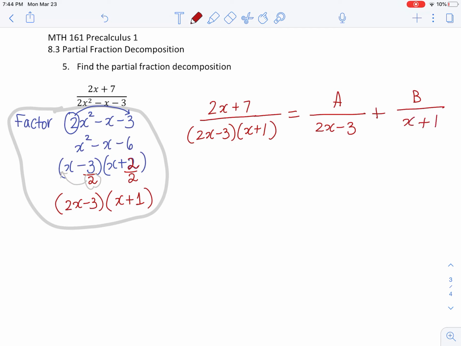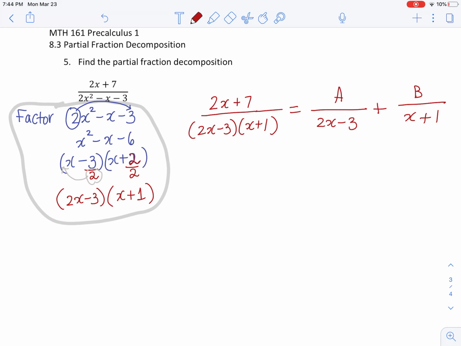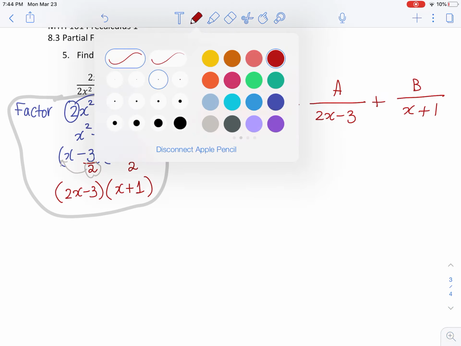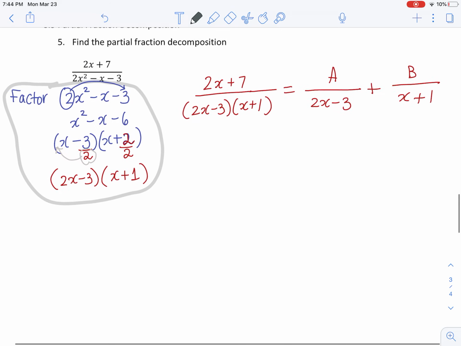So always do set that up for me, okay? Because I very often see students switching the numerator. A and B are correct, but they just put it on top of the wrong denominator. So just do set that part up. But let me go ahead and now multiply the least common multiple. And you know what?